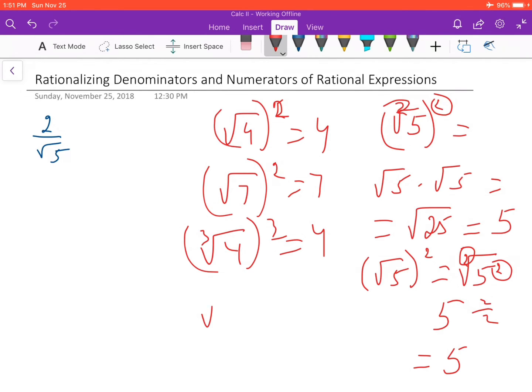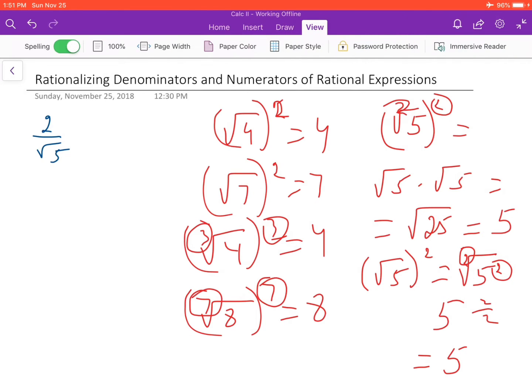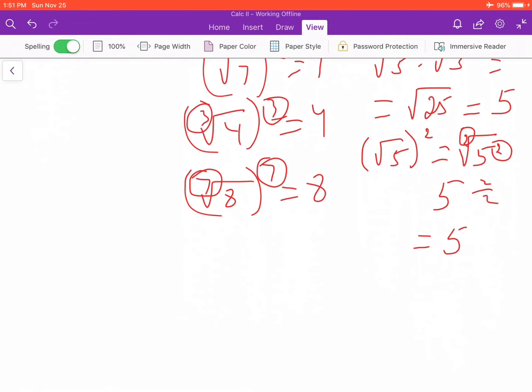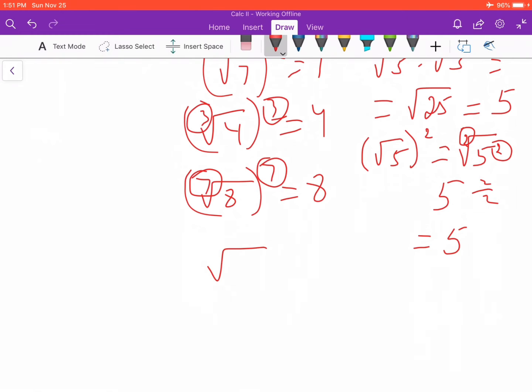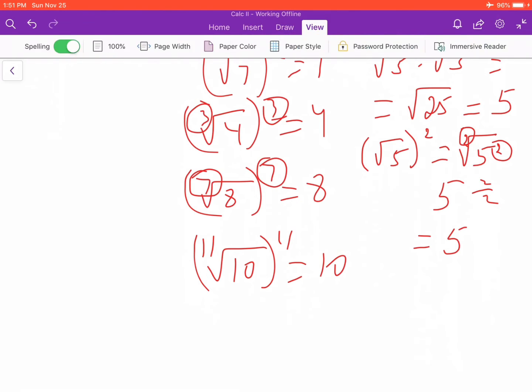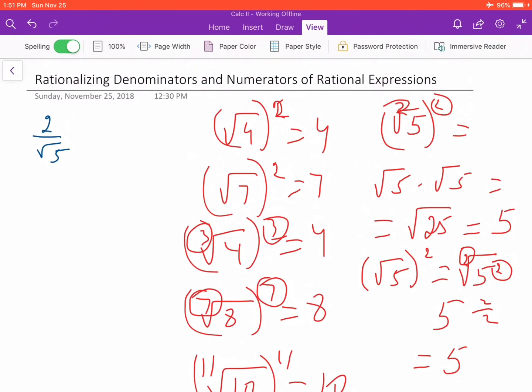If I have radical degree 7 from 8, I have to raise to 7, so 8 would come out. Practically this degree shows how many of them I have to have. Another example, radical 11 of 10, I have to raise to power 11 so I can get 10. Okay, at this point let's go back to our problem here.